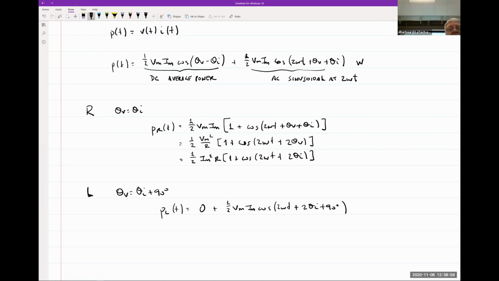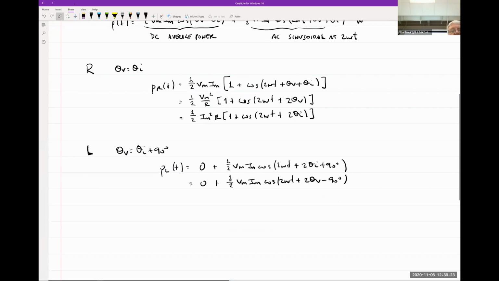Or we could write 0 plus 1/2 Vm Im cosine of 2 omega t plus 2 theta V minus 90 degrees, since theta I is theta V minus 90 degrees. So the key point here: no average power in an inductor.